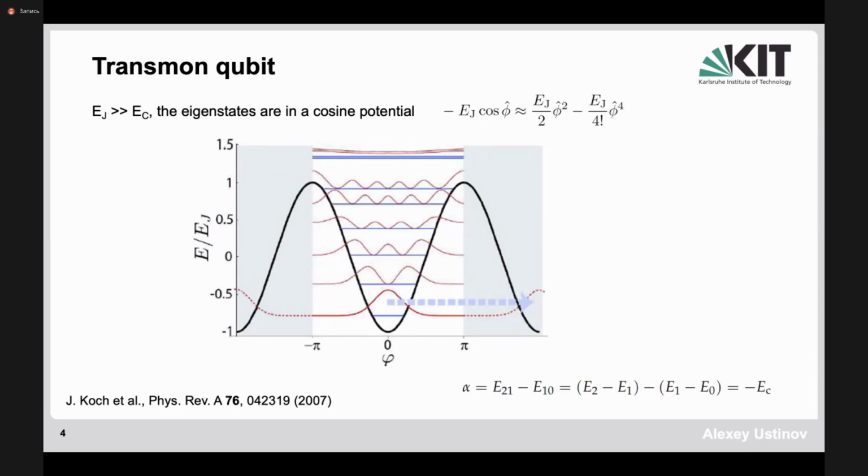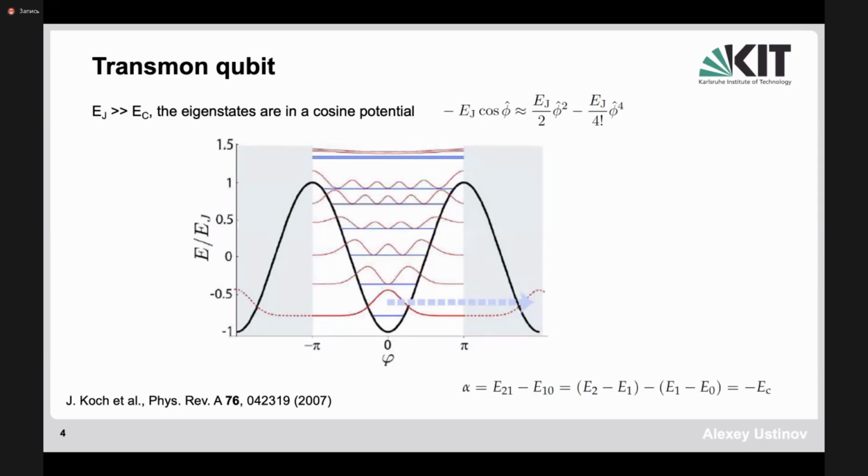And with that said, the potential in the phase space is going to be a cosine. So again, it's not a tilted cosine, as we discussed for phase qubits, but rather just a flat cosine, having multiple minima, which are equivalent, of course. A change of phase by 2 pi doesn't change anything physically.